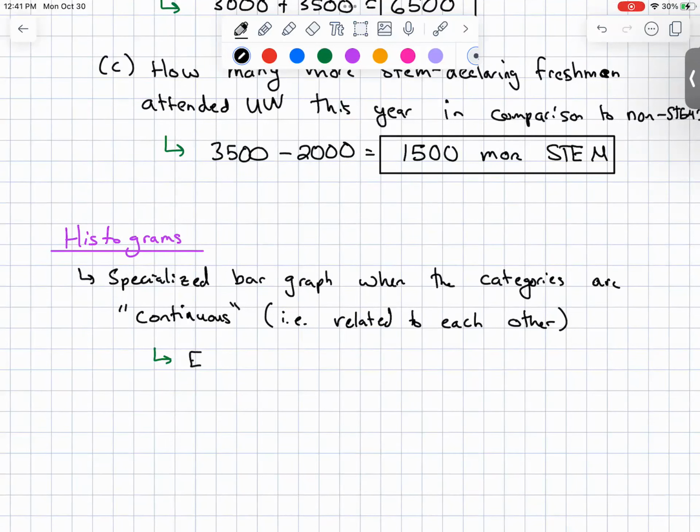So an example of this type of thing, of where you want to use a histogram, might be a percentage of people who voted in each age group.